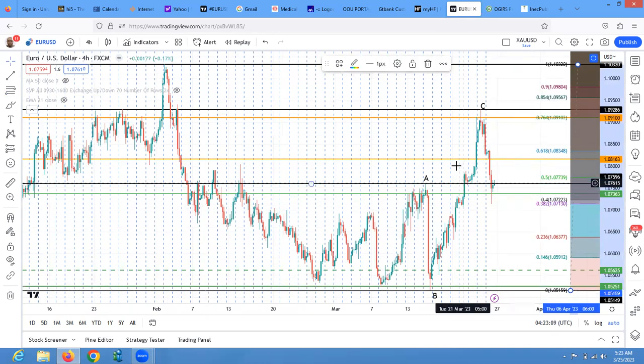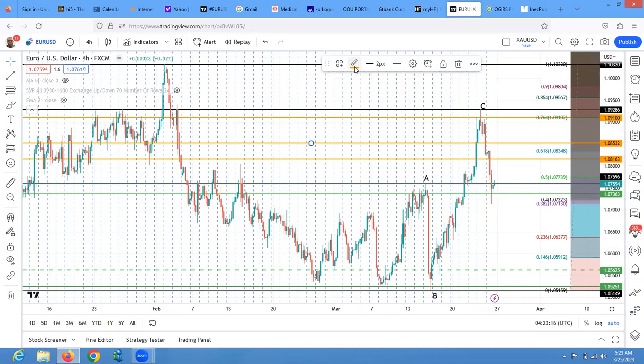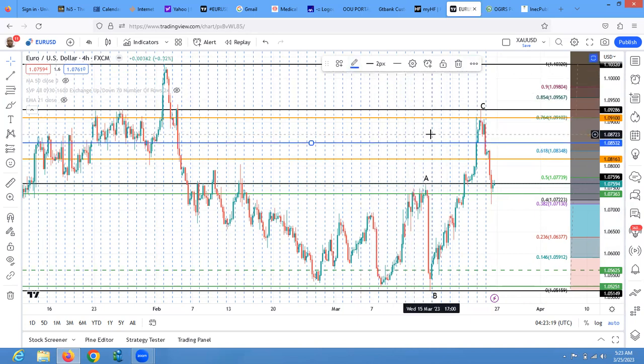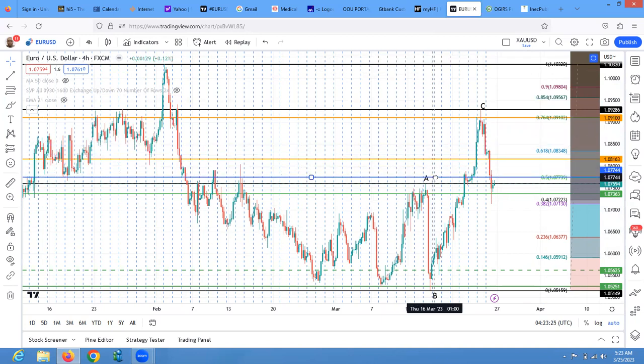So I'll be using blue for that. We were expecting price to back down around this level, which is 50. Price didn't do that.